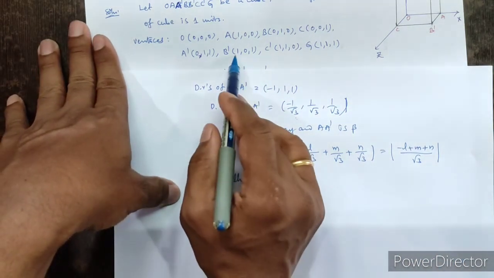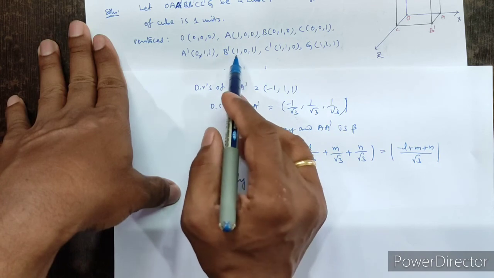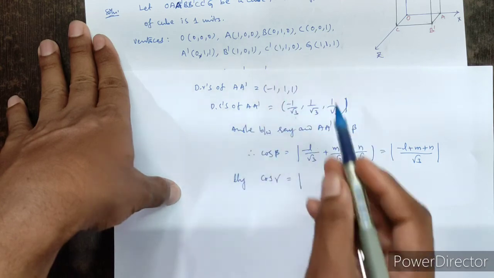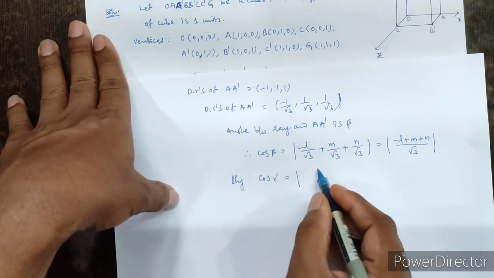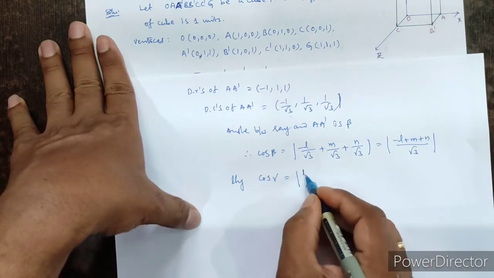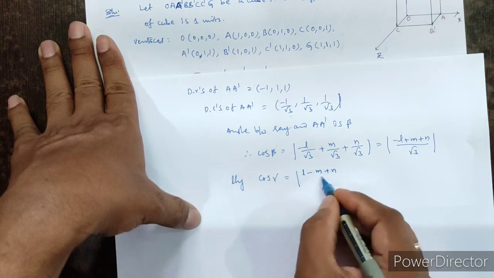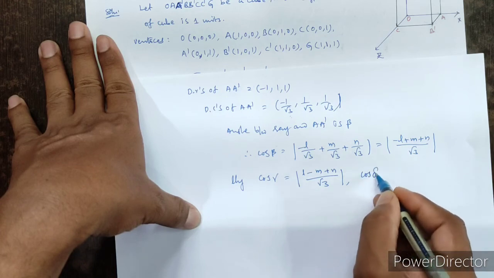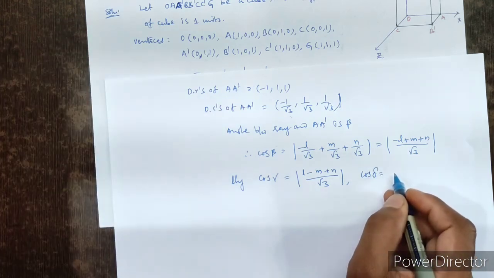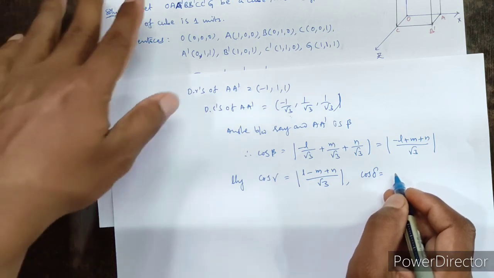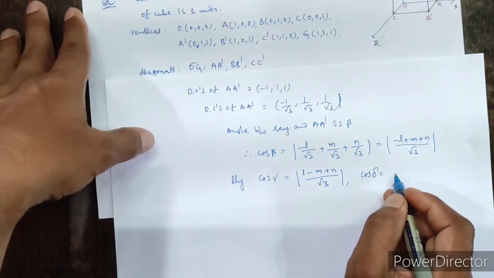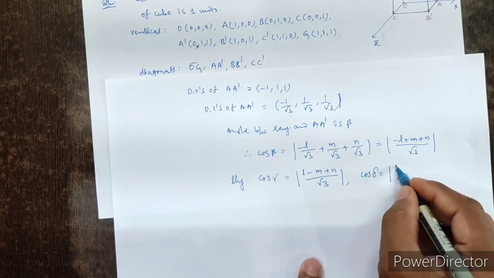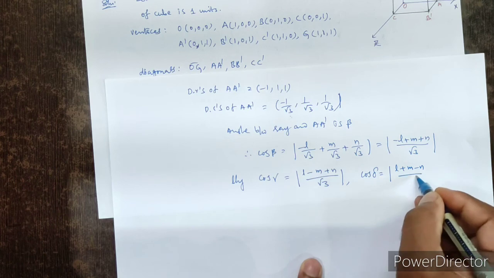The BB dash direction ratios we should find out first. So we will get L minus m plus n by root 3 as cos gamma. Similarly, cos delta is the angle between the ray and CC dash. So we will get cos delta equal to L plus m minus n by root 3.